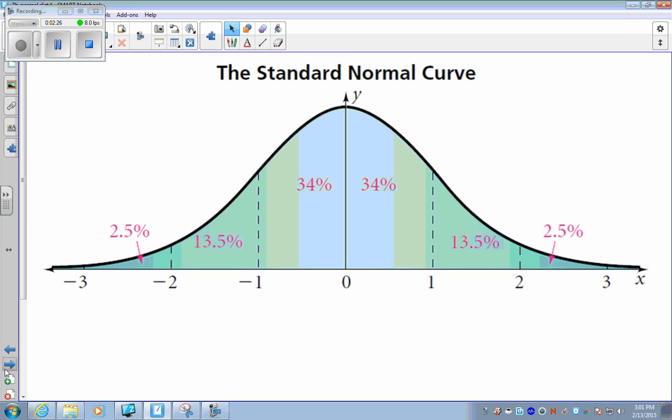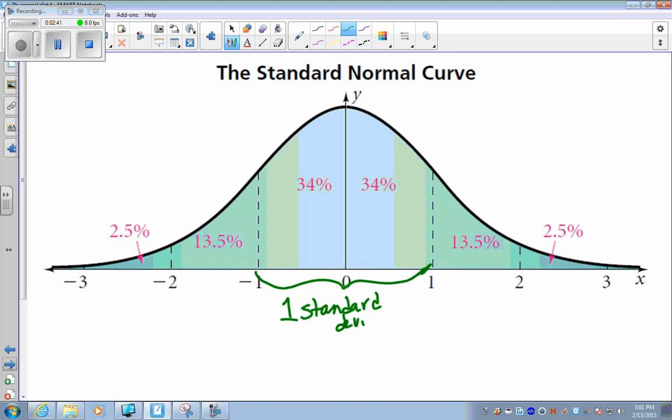And really the percentages you need to know are, this is one standard deviation, and the percentages to the left and to the right of the y-axis there is 34 and 34, together 68%. So 68% of the data is always within one standard deviation of the mean. Now you don't have to know standard deviation right now, so just one standard deviation of the mean is 68%.